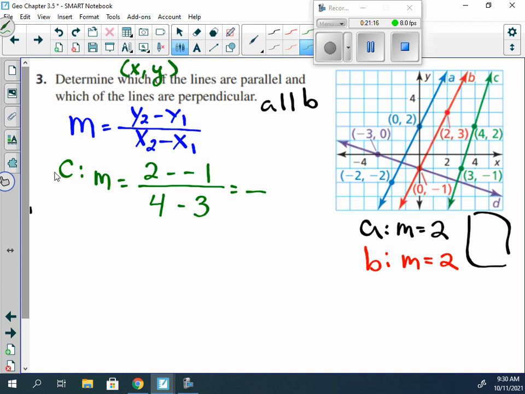The x value will always be first. The y value will be second in any ordered pair. Now again, at this point we could type this into a calculator and it would figure it out. Or our negative and negative would make a positive. So 2 plus 1 is 3. 4 minus 3 is 1. So really the slope is 3. So the slope for line C, m, is equal to 3.